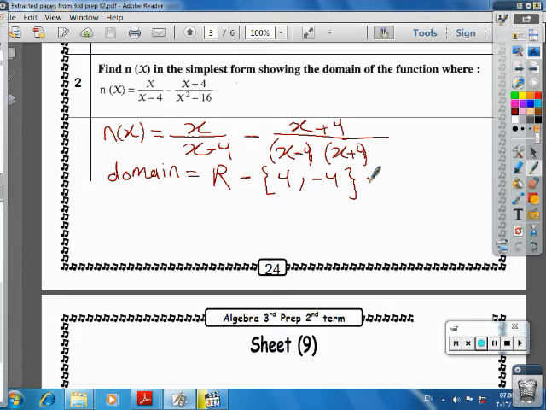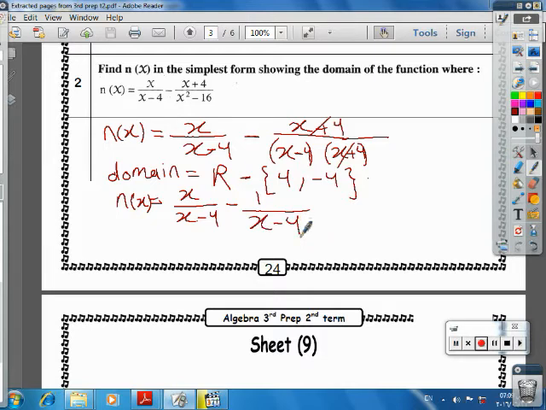Okay. After that, we can cancel x plus 4 with x plus 4. We rewrite the fractions: x over (x minus 4) minus 1 over (x minus 4).